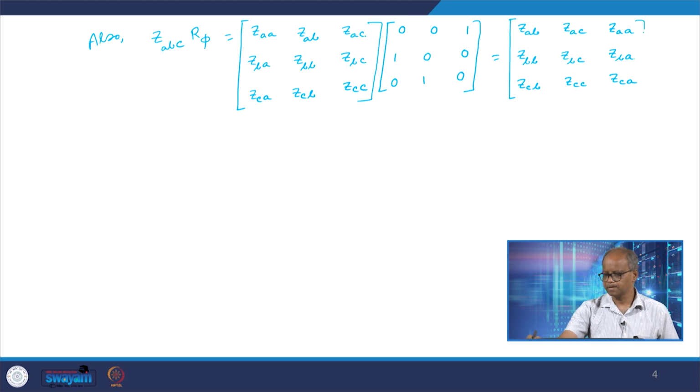Right? So you see here what happens? Here what is basically happening is that this is the first column, it has gone to the third position, right? And then this third column has gone to the second position, and then this second column has gone to the first position.